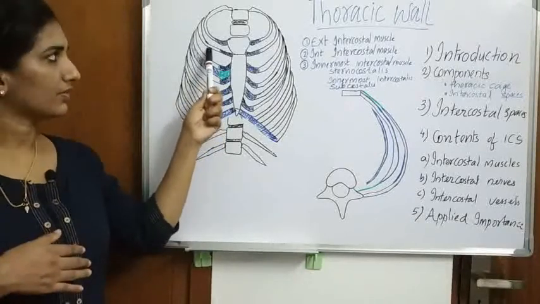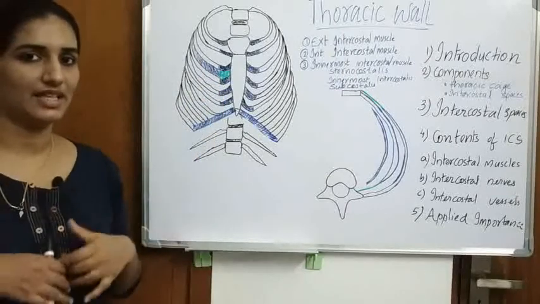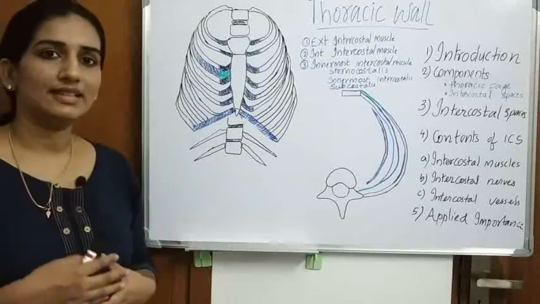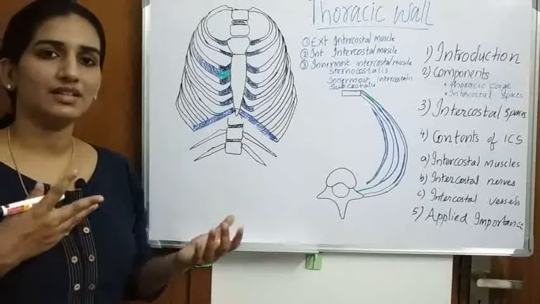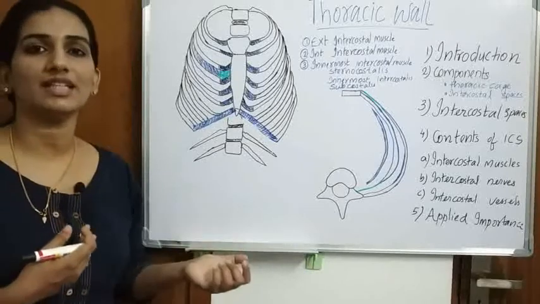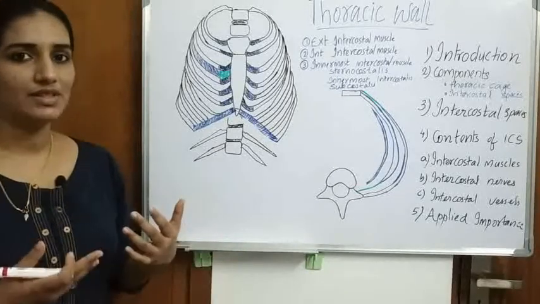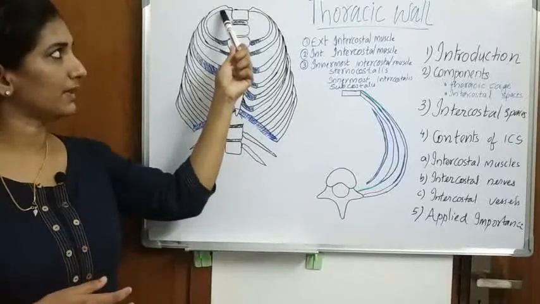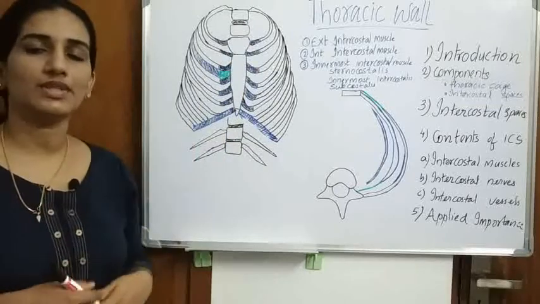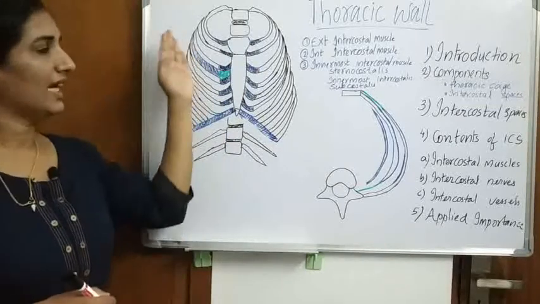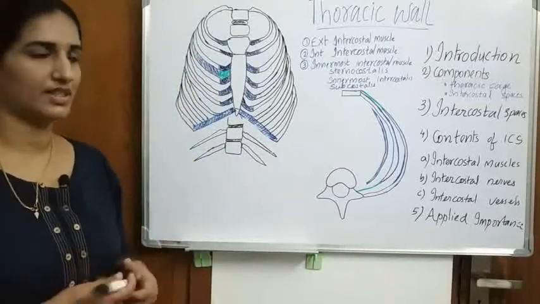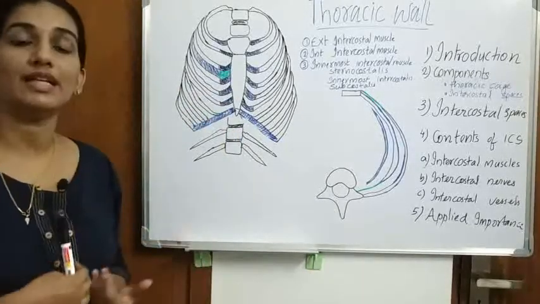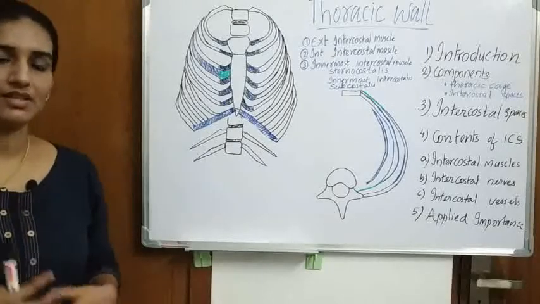That is the origin and insertion of the internal intercostal muscle, and this muscle is again modified into the posterior intercostal membrane, which is present beyond the angle of the rib, that is, only on the posterior aspect we will get the posterior intercostal membrane. The anterior part is fully fleshy. Both the interosseous part and interchondral part of the internal intercostal muscle are fleshy.